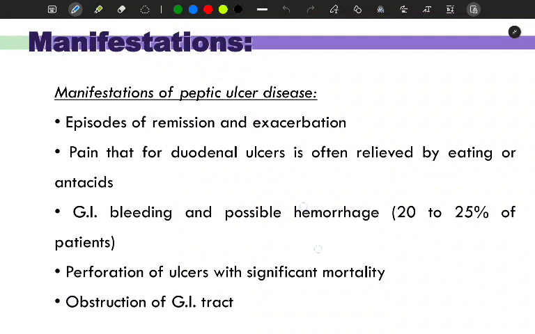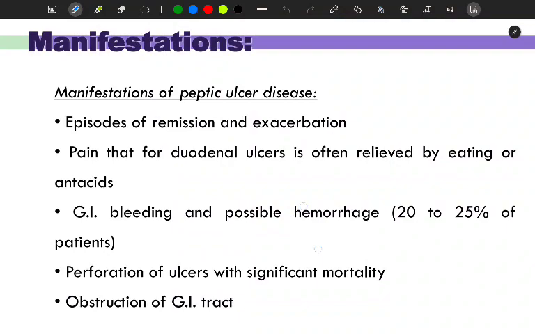Perforation of the ulcer is associated with significant mortality; if it reaches perforation, it means surgeons are needed. There is also obstruction, often if the ulcer is in the pylorus or antrum, where it heals with fibrosis, causing strictures and obstruction. Okay, next.